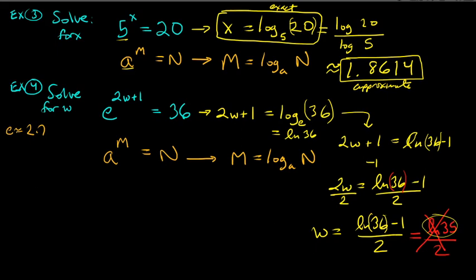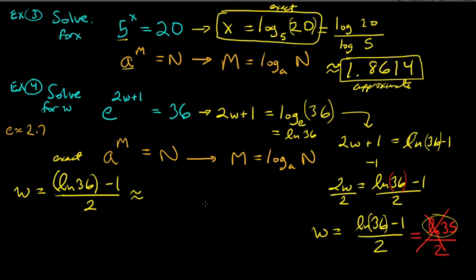So let's make this clear. So w is the natural log of 36. In fact, I'll put that in parentheses, and then minus 1, all divided by 2. Okay. So what is that approximately? Again, this is exact. And now we want the approximate. So on your calculator, you do natural log, ln. You don't need to change the base here, 36. So that's about 3.58 something.